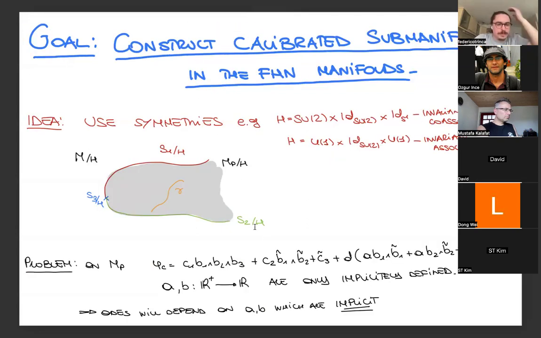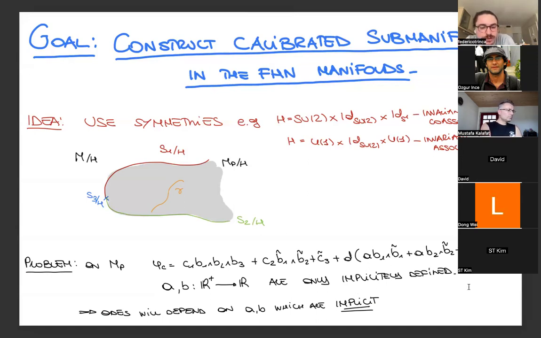The problem, of course, is that my manifolds are the Foscolo-Haskins-Nordström manifolds. They are defined by this three-form. We have a G2 structure defined by this three-form here, and A and B are functions that are only defined implicitly.